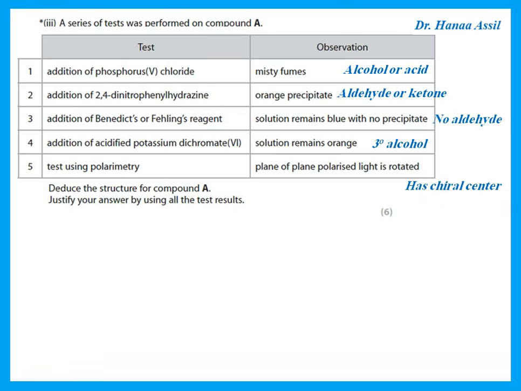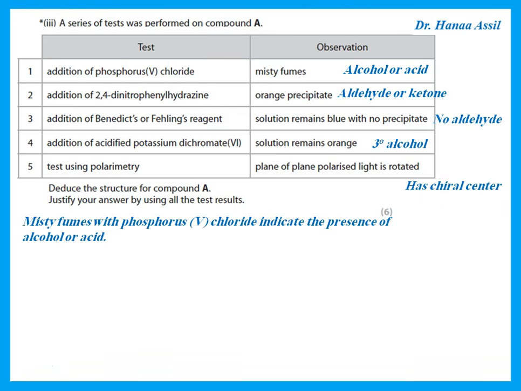So you want to think of a compound with that molecular formula that we had, and it has all of this. It must have a chiral center, a tertiary alcohol, and a ketone. We said it reacted with 2,4-dinitrophenylhydrazine, but not with Fehling's, so it must have a ketone.